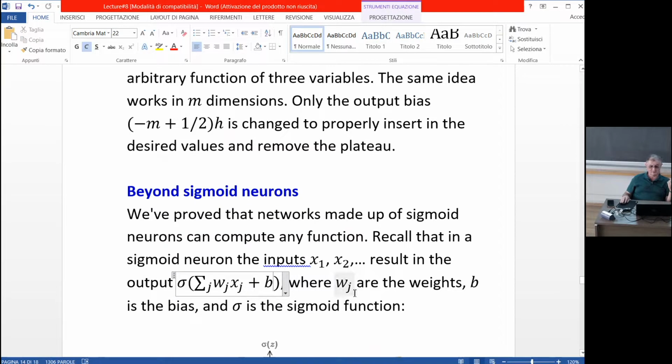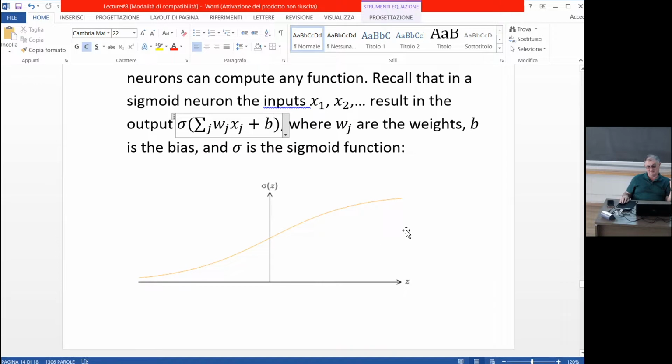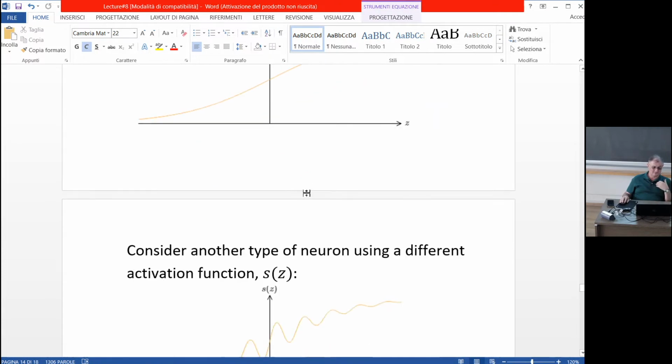Okay, so Wj are our weights and b is the bias. And sigma is the sigmoid function: sigma of z equals 1 divided by 1 plus exponential of minus z.